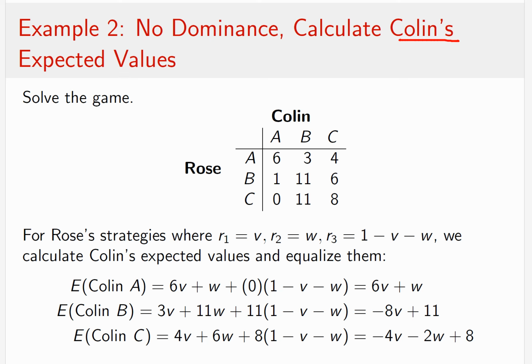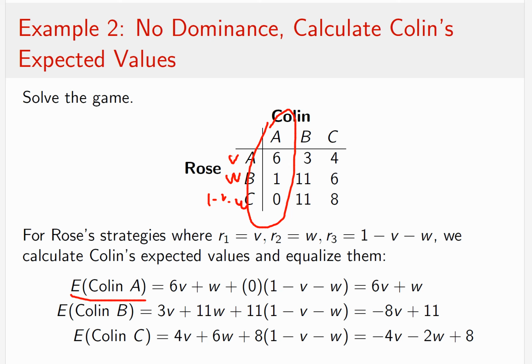Let's take a look at these calculations quickly. Okay, so what's going on? We're calculating the expected value of colon A, which are these values here. But we're saying, hey, Rose plays, and we're going to call this V, the percentage of times that Rose plays A. And we're going to call this W, the percentage of times that Rose plays B. And we're going to call this 1 minus v minus w.